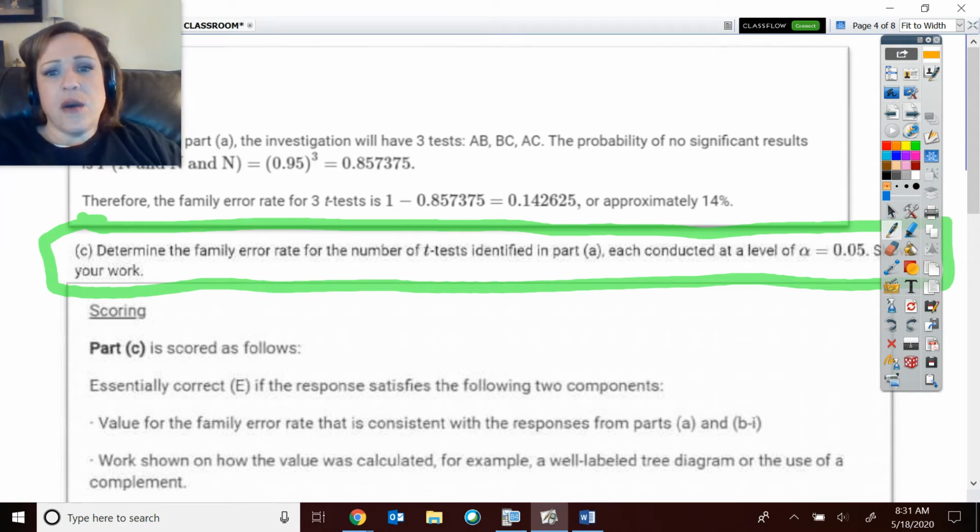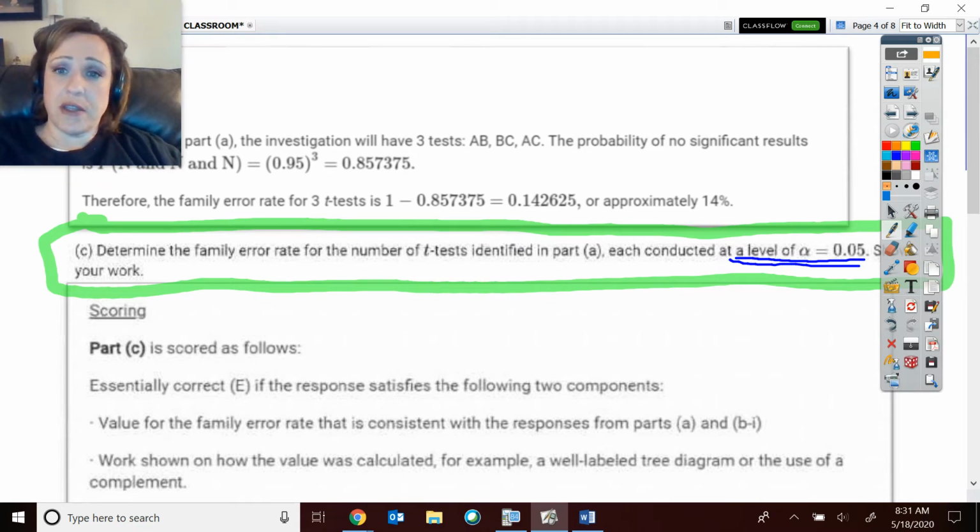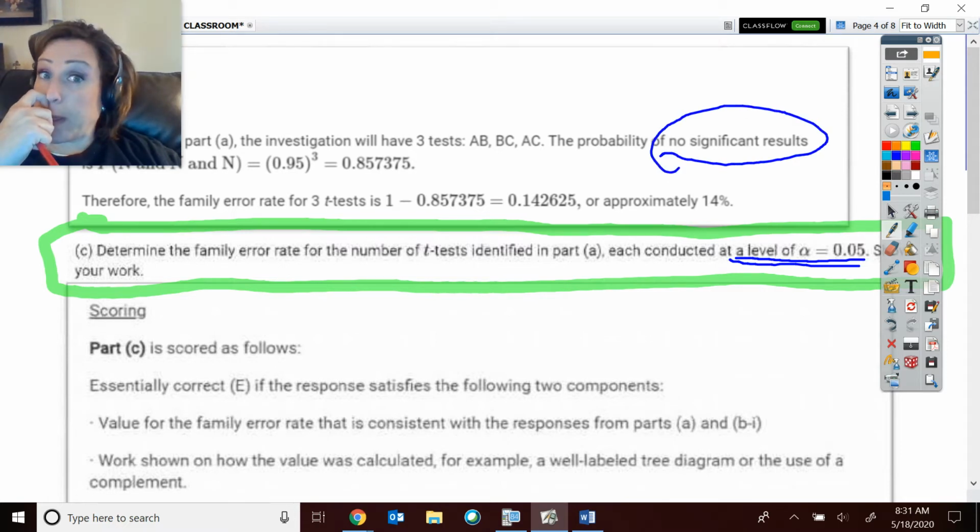So they say, what would we have to do so that it is conducted at an alpha of 0.05? Oh, hold on, we're not quite there yet where I was saying. But, so we have this situation where we have 1 minus the probability of none of all 3 of them. We want no significant results for all 3 of them.